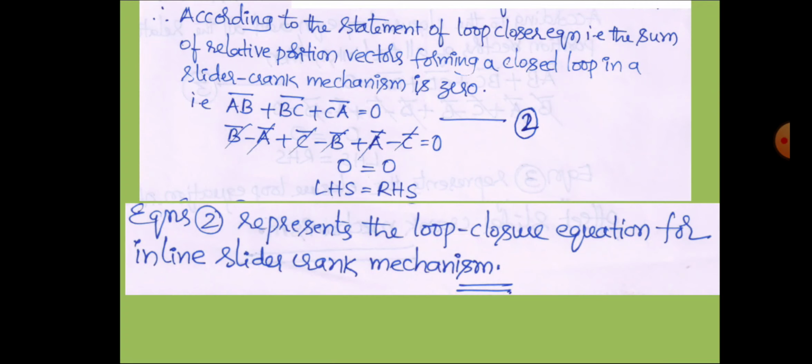Now after finding the relative position vectors, just remember the statement of the loop closure equation. It says I should add all the relative position vectors of the three links. So AB bar plus BC bar plus CA bar.